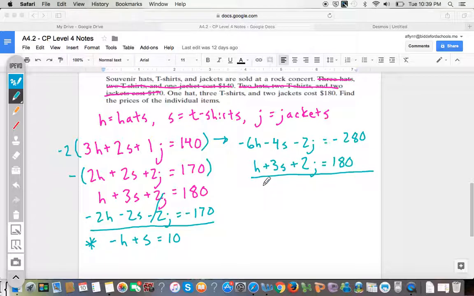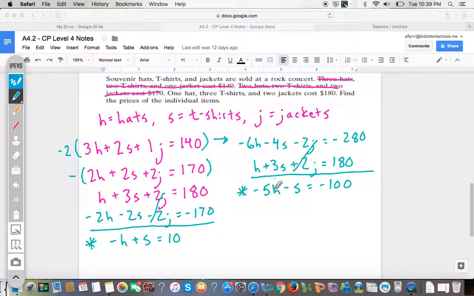So negative 6H plus H, so negative 5H. Negative 4S plus 3S is negative S. J's cancel, and I have negative 280 plus 180. So for that, I get negative 100. So I'll start this equation as well.